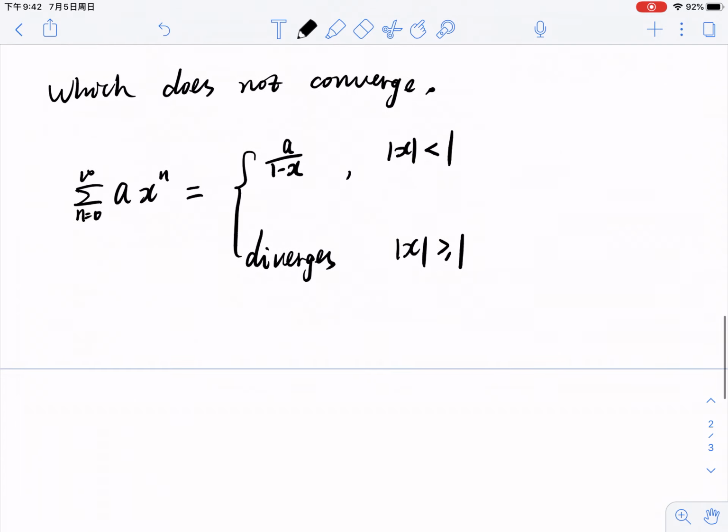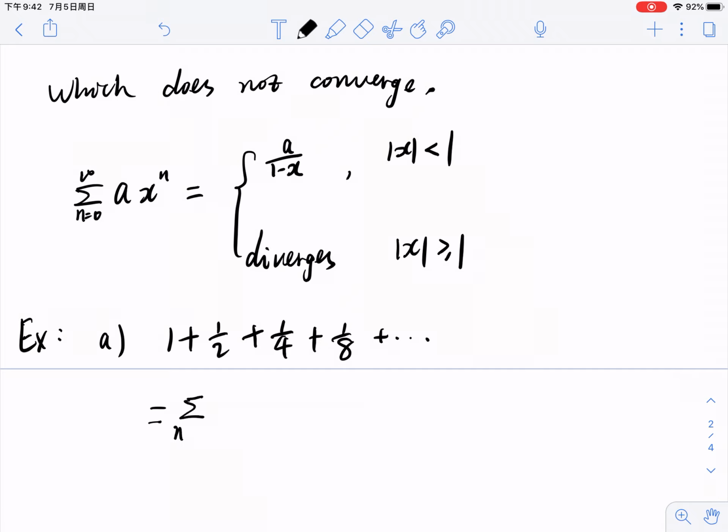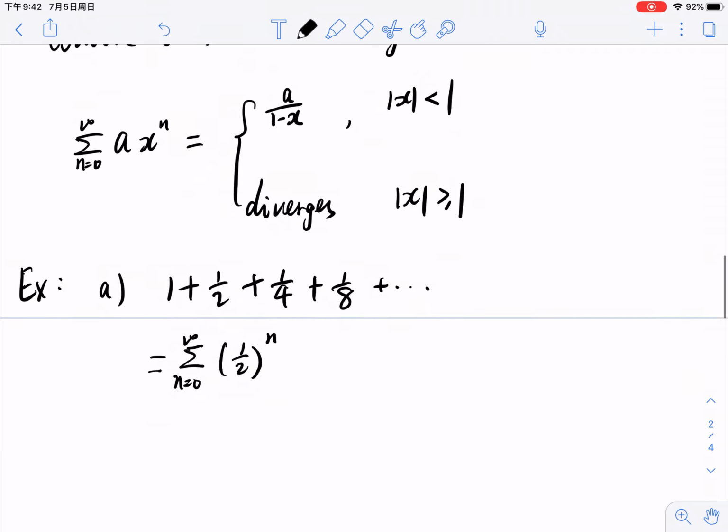Now we look at an example. Determine whether the following series converges or not. The first one is 1 plus 1 half plus 1 fourth plus 1 eighth. Using sigma notation, this is sigma n from 0 to infinity of 1 over 2 to the nth power.